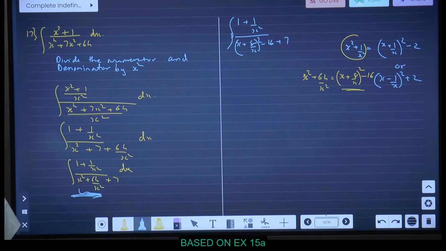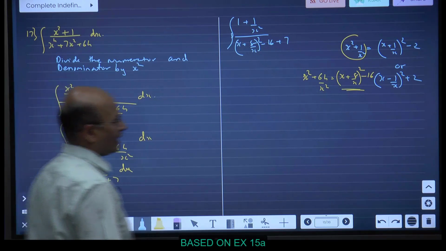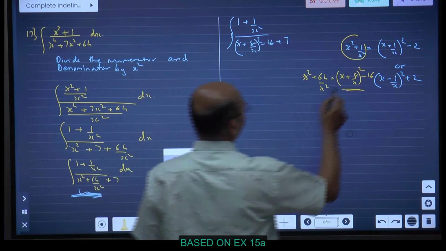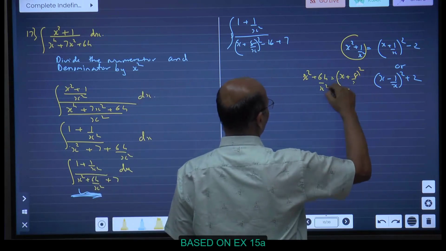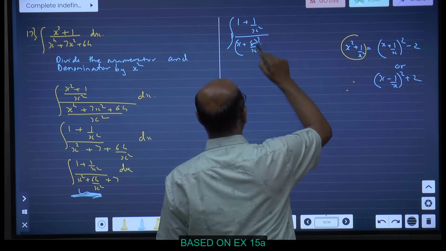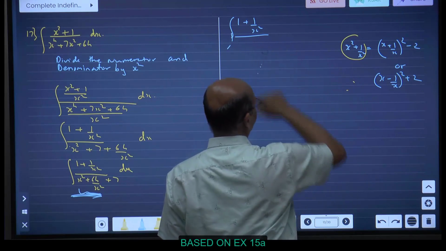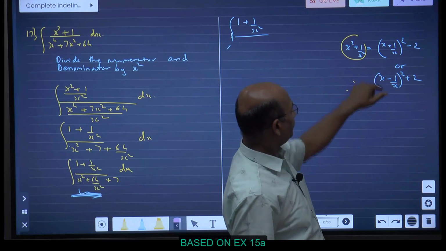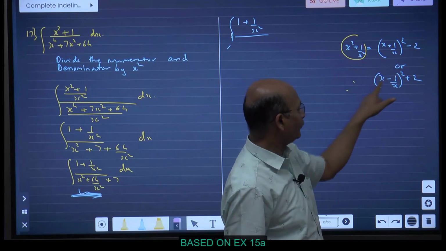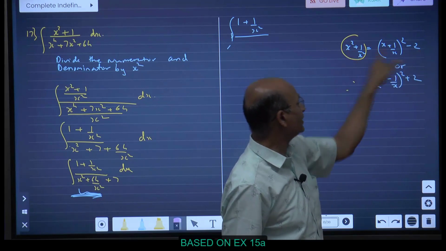Now I want to tell you which formula I am going to apply. Remember, in the beginning I shared with you these two formulas. I am not going to use this formula, I will tell you why. Both will give me x square plus 1 upon x square. If you open this up, you get this, and if you open that up, you get this.